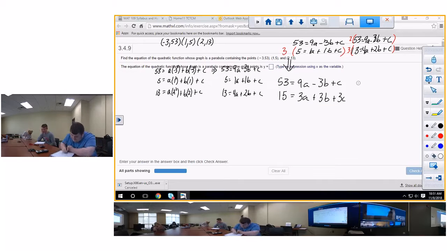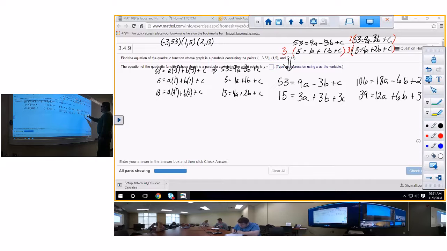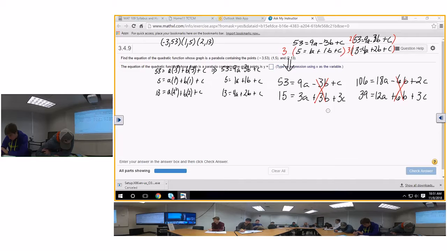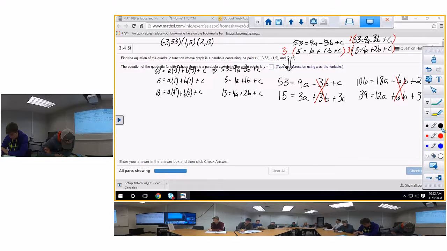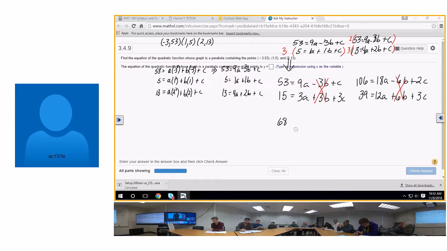Two times 53 is 106, 18A minus 6B plus 2C. 3 times 13 is what? 39, equals 12A plus 6B plus 3C. Dang, that's 68 is equal to 12A plus 4C.